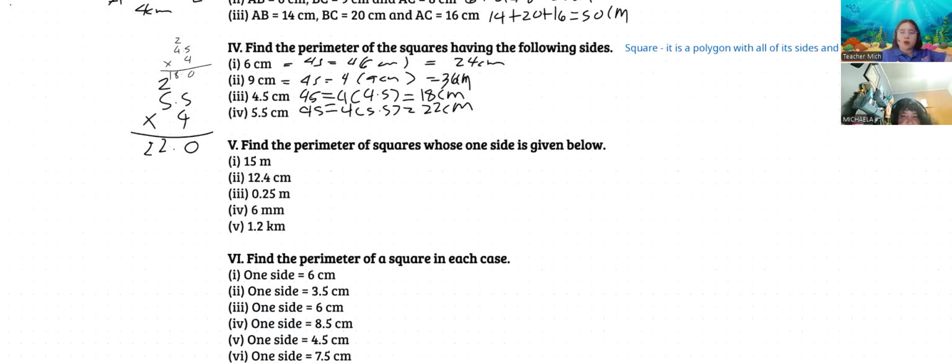So still, this is a square, meaning to say the formula that we need to use is 4, which is the total number of sides of a square, and then multiply it by the measurement of one of its edge or side. Unit, very good. How about for test 3?